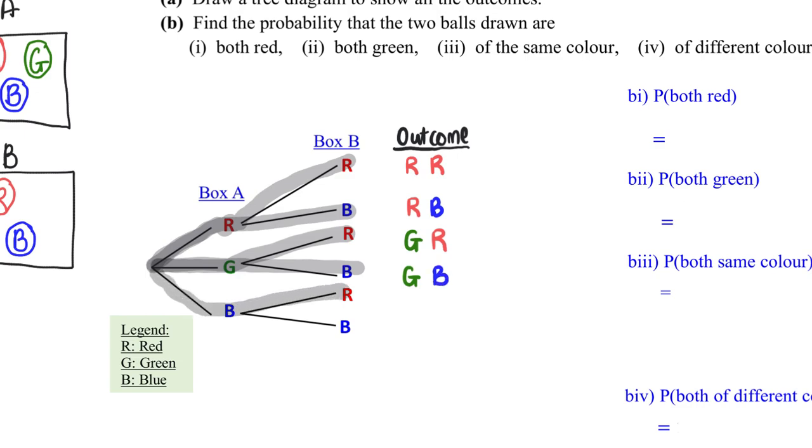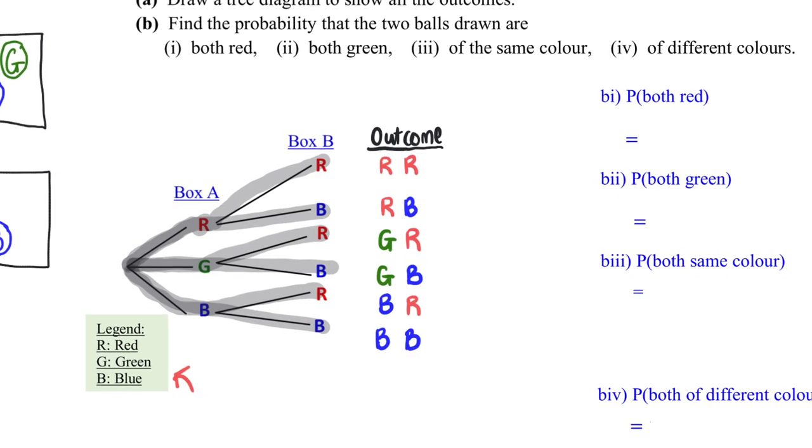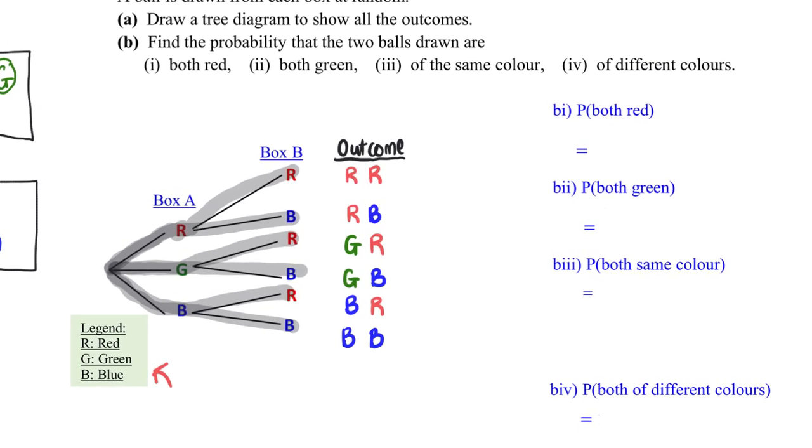And this will be, first ball is blue, second ball is red, and first ball is blue, second ball is blue. Do also indicate the legend down there so that people know what all this R, B and G represents in your probability tree diagram.